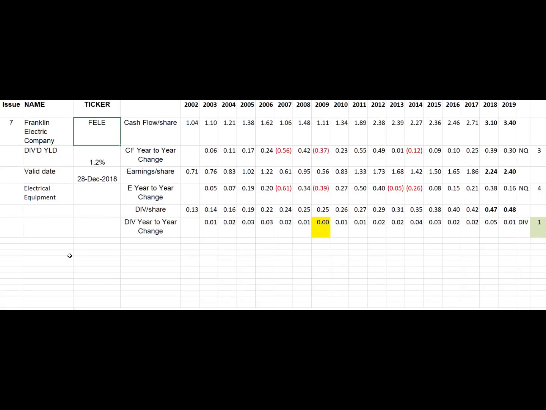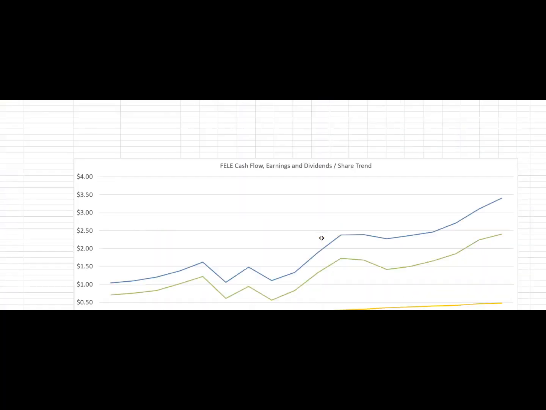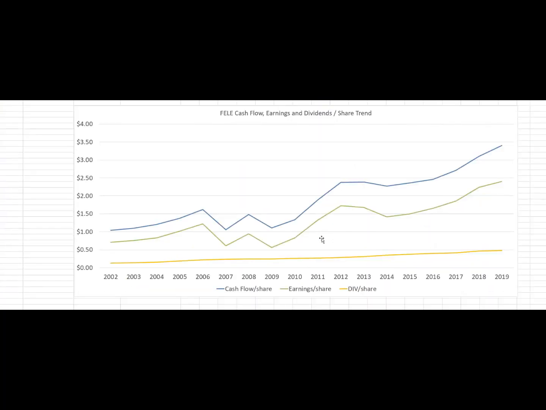Next up, Franklin Electric. They're at 1.2% yield. They are a Div 1, and you can very clearly see here their flat year was from 2008 to 2009. If you look at the long-term trends, that dividend per share line is almost a straight line in the up direction. And you can see the zigzags here where they had some negatives.